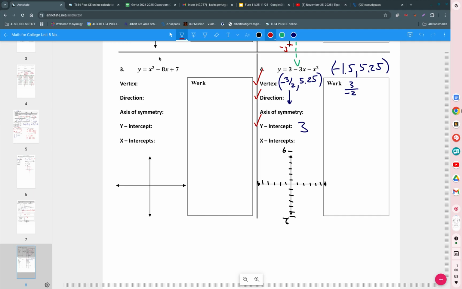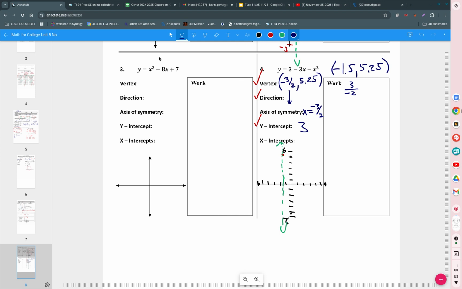And I plot negative 1.5 and positive 5.25. My vertical line divides this exactly in half, and that equation is always x equals the x value of the vertex.